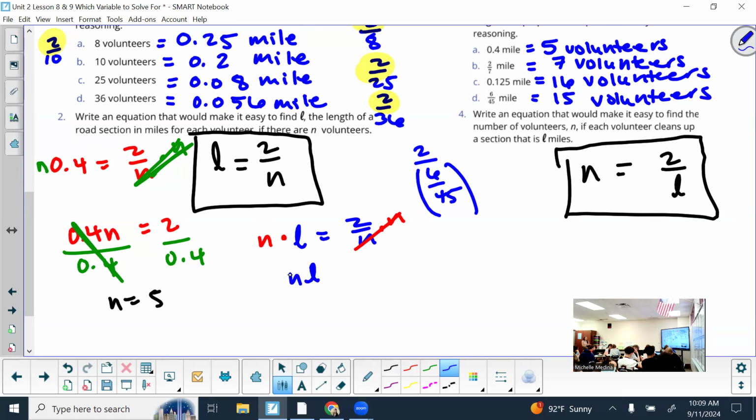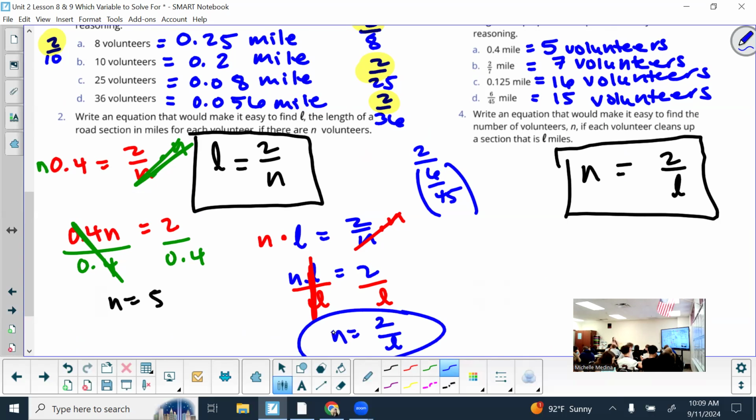I get n times L equals 2. If I want the n by itself, undo what's being done. What's opposite of multiplying by L? Dividing by L, and then do the same on each side. So now the n is isolated. And now I have an equation that can help me find n, my number of volunteers.